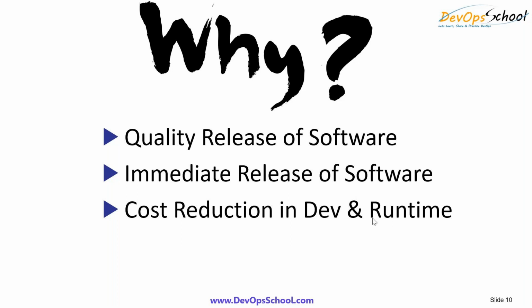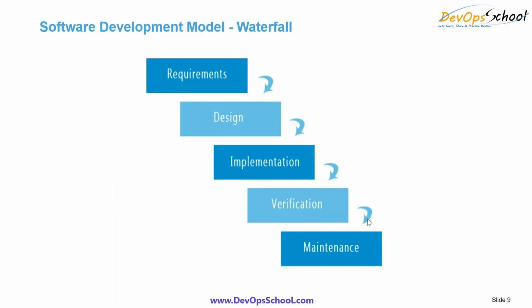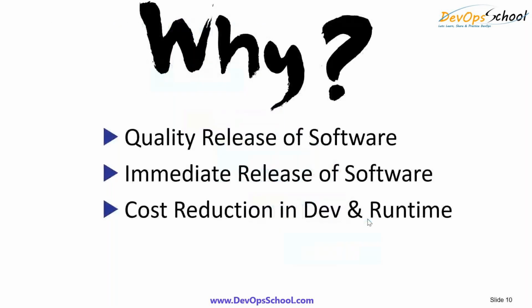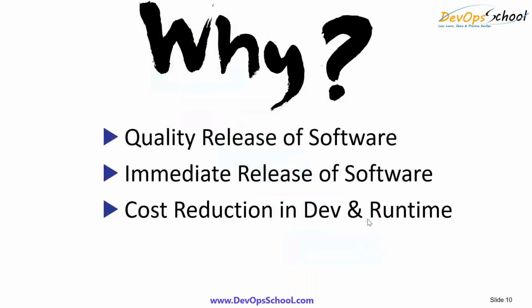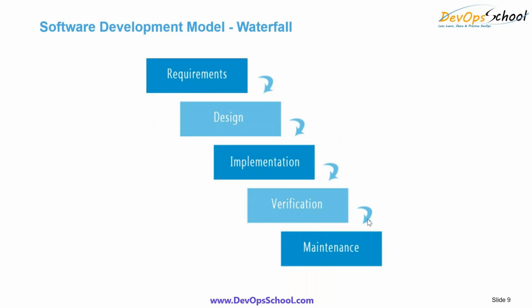They wanted to do that. That's the reason they all followed the waterfall model. Then you'll say, Rajesh, they wanted to improve the quality of the software, so they opted for waterfall. They wanted to reduce the release cycle, they opted for waterfall. And for cost reduction in development and runtime, they opted for the waterfall model.